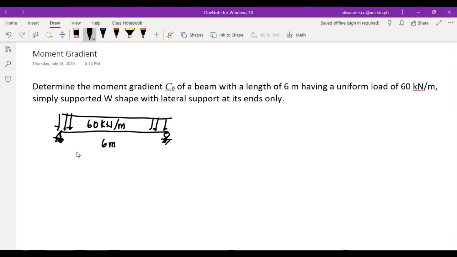The equation in the 6th edition, if you recall, write it down here.